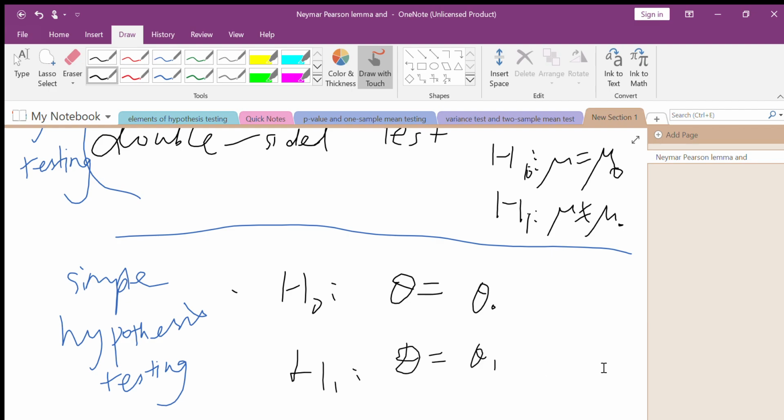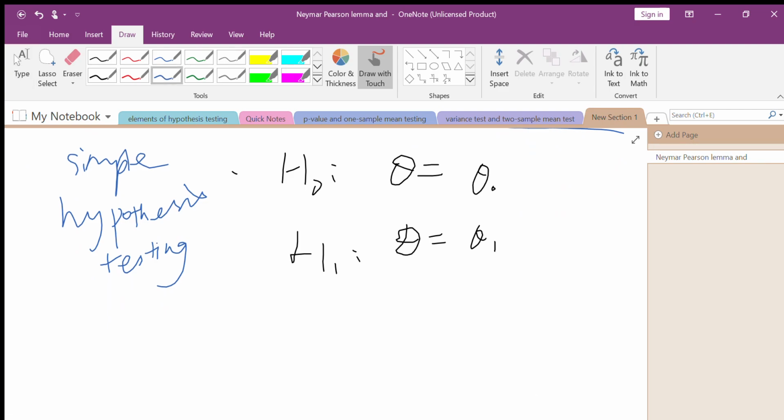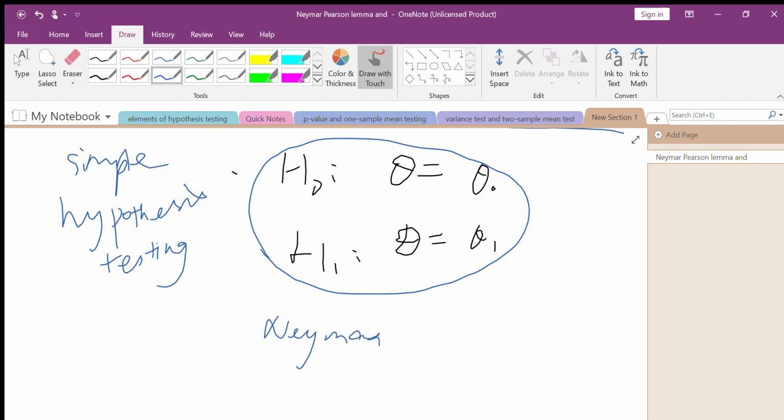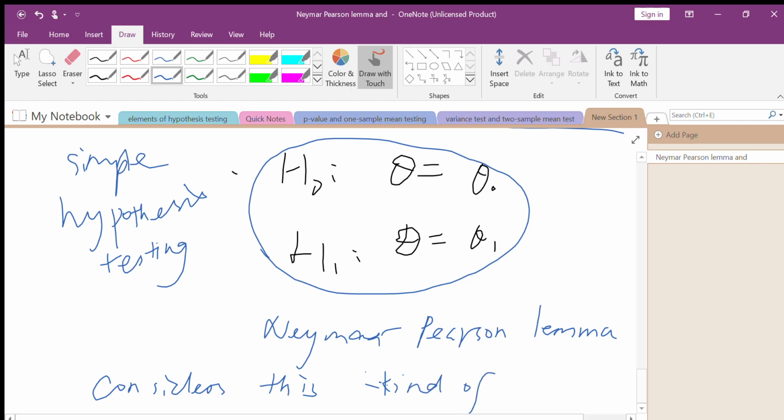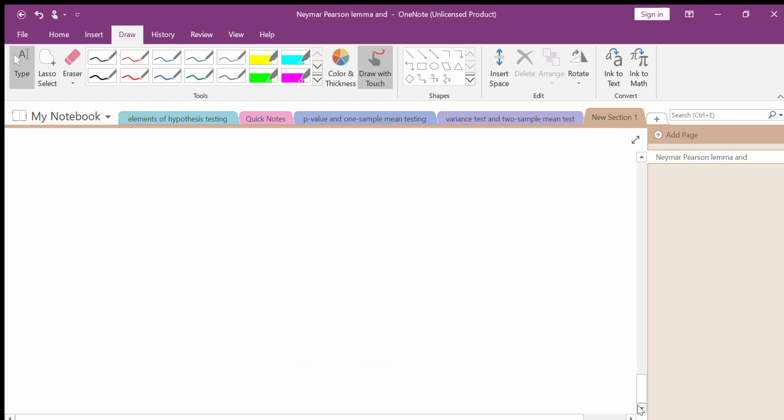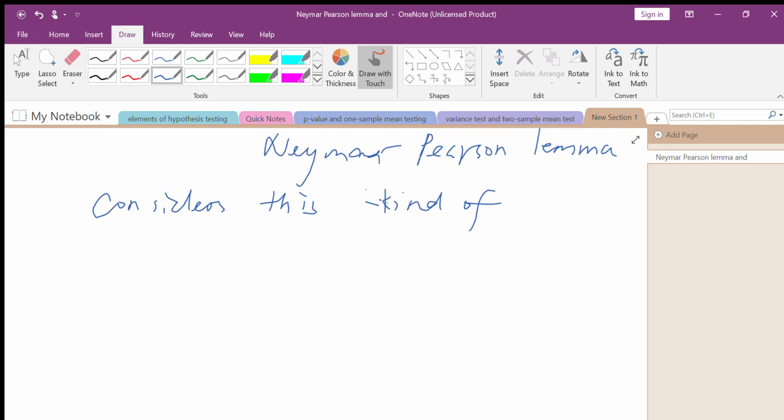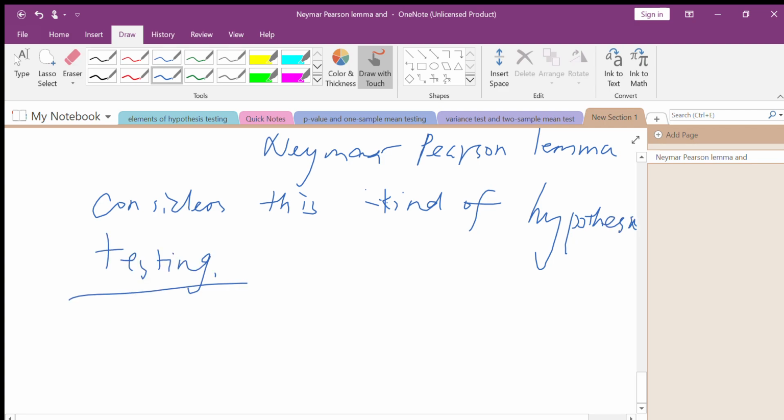Such a hypothesis test is called simple hypothesis testing, and the Neyman-Pearson lemma considers this kind of hypothesis testing. Let's see what the Neyman-Pearson lemma is.